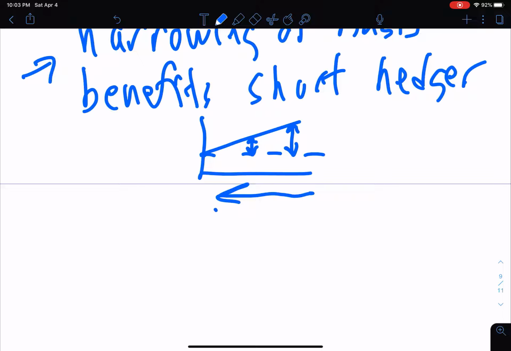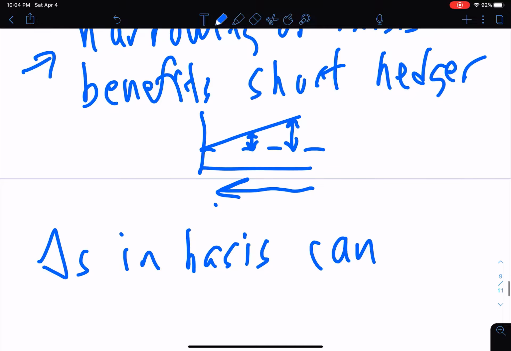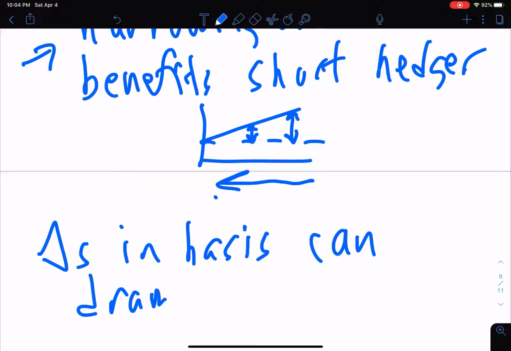Now, changes in the basis can dramatically alter the results of your hedging.